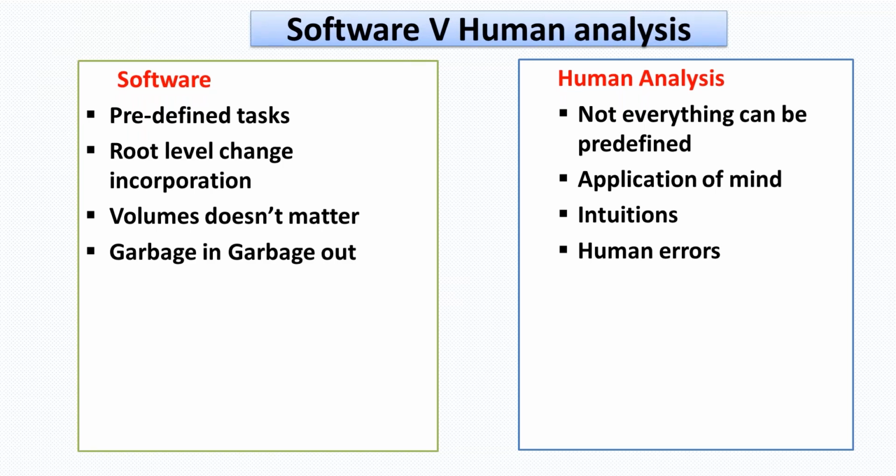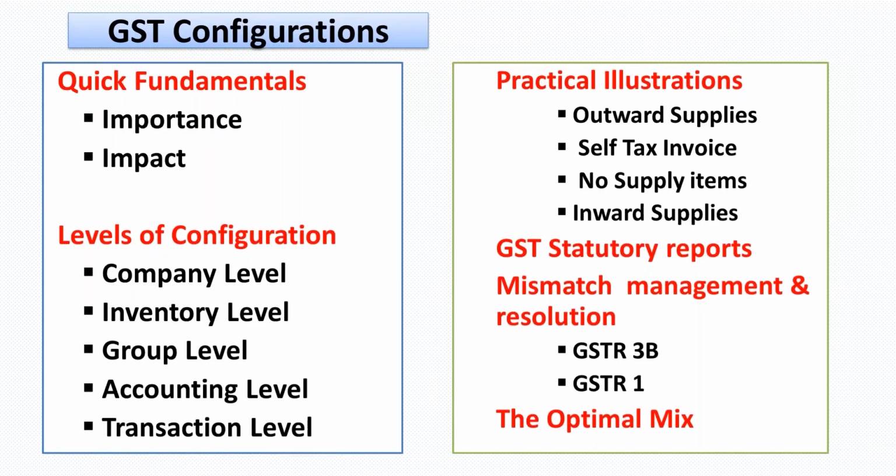Now coming to GST configurations, we will be running through the quick fundamentals, the importance of configurations and how they will impact, and the various levels of configuration: company level, inventory level, group level, accounting level, transaction level. We'll also be running you through practical illustrations of how exactly the configuration will impact when we record a transaction, and how Tally offers flexibility plus a predefined set of things, and also facilitates mismatch management.